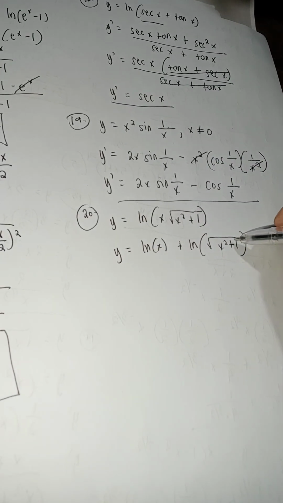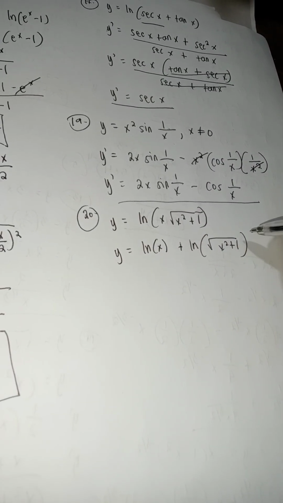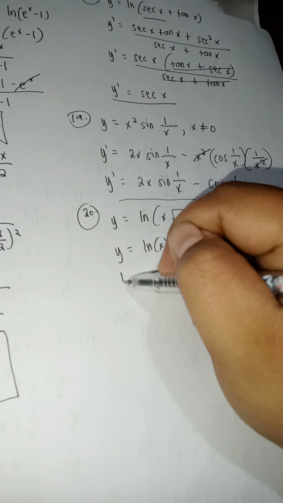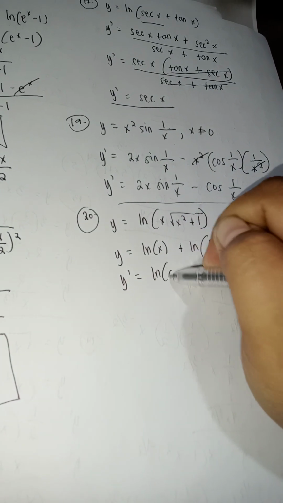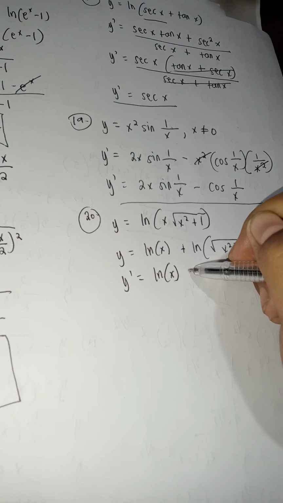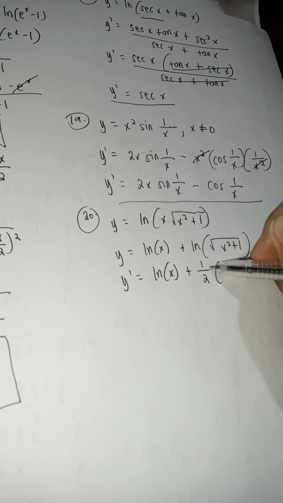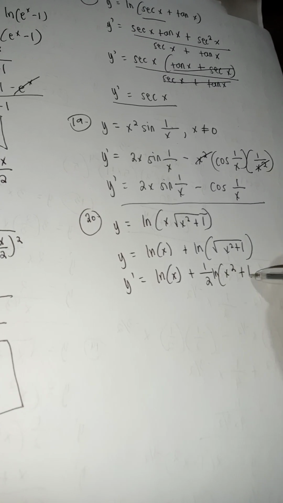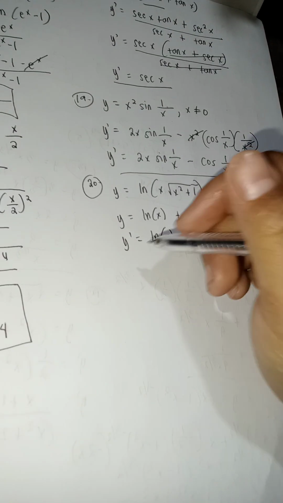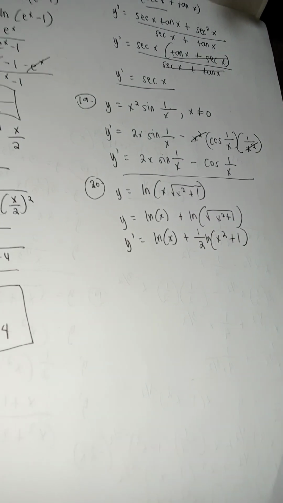Okay, so extract the root by the use of 1/2 and apply the chain rule. So 1/2 times ln of x squared plus 1. After that, we are going to differentiate it.